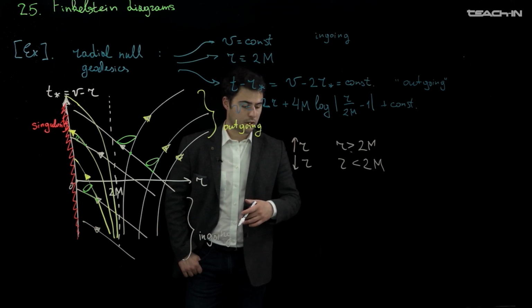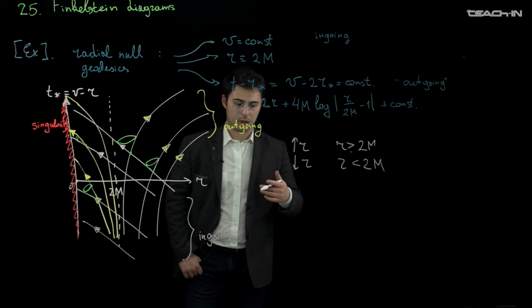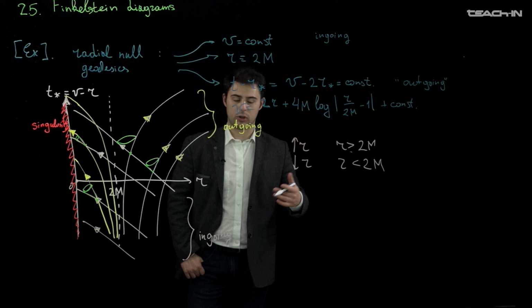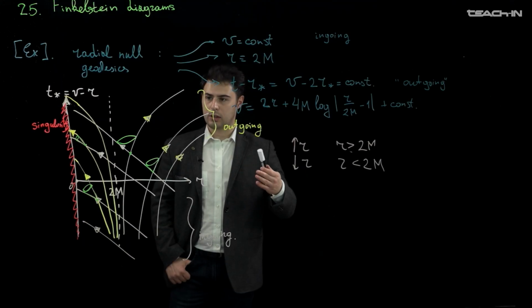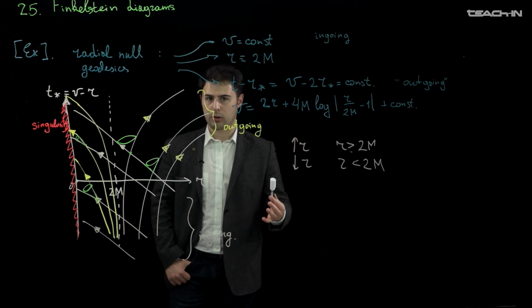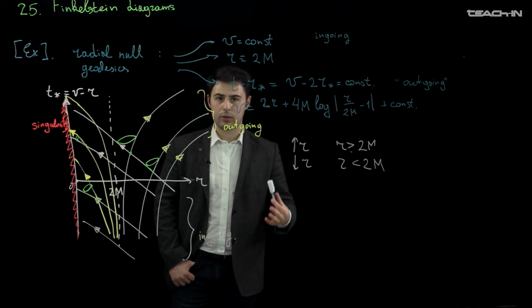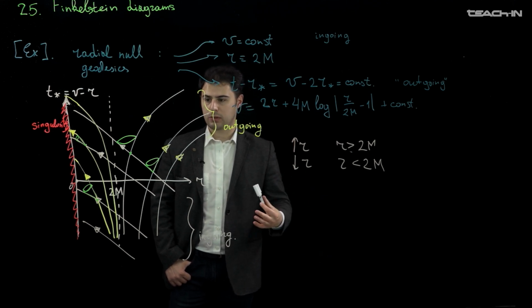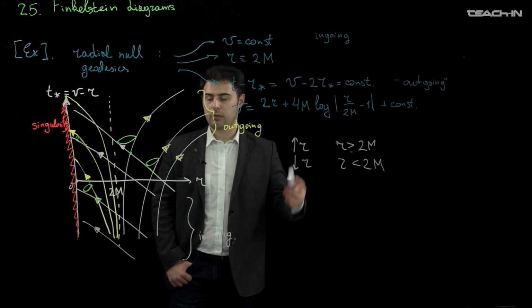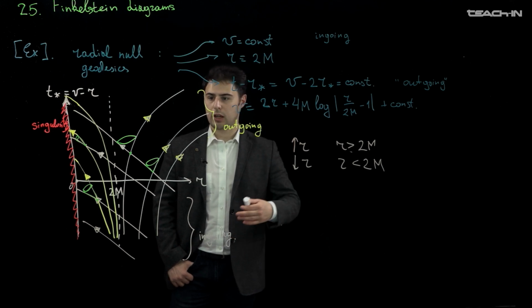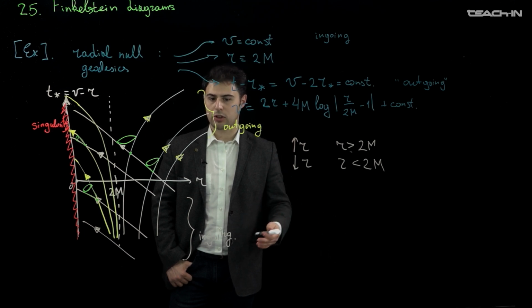And the answer is yes, as we will show below. Any time-like curve starting in the interior region would also fall onto the singularity. The question is, can we prove this? Is the statement rigorous? As we will answer in the next lecture, yes.